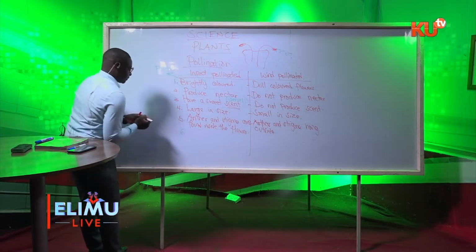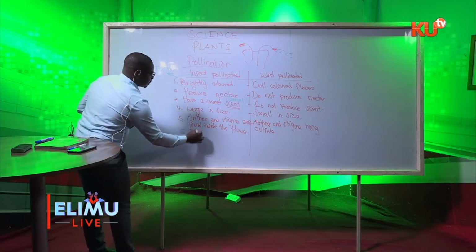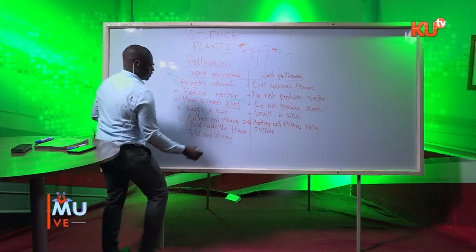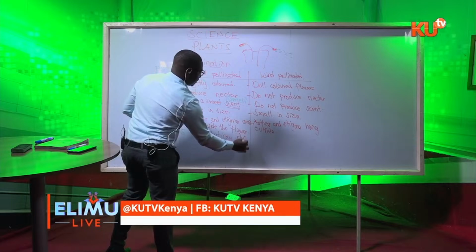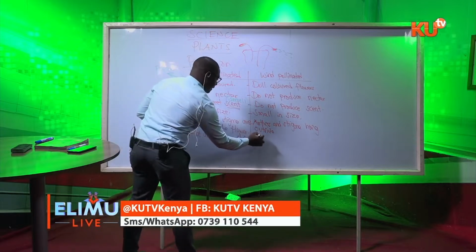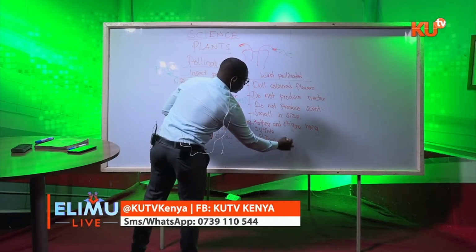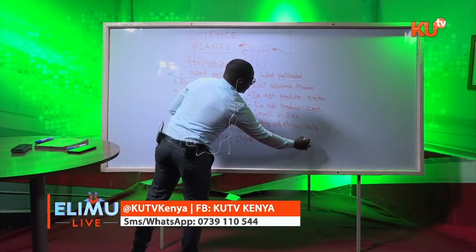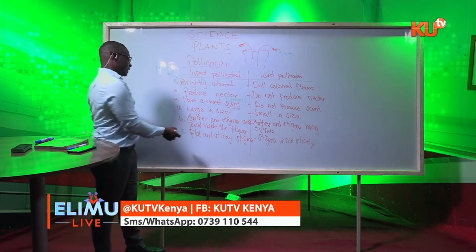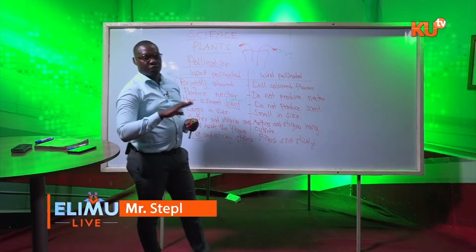Number 6, they have a flat and sticky stigma. For wind-pollinated flowers, the stigma is not sticky. For insect-pollinated flowers, the stigma is flat to enable the insect to land.